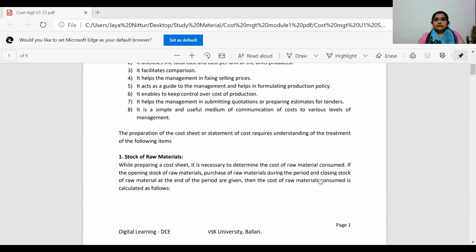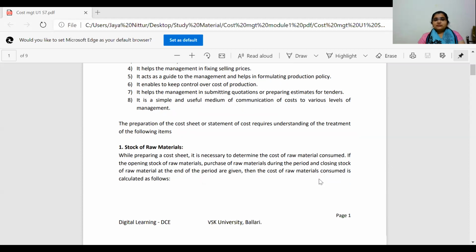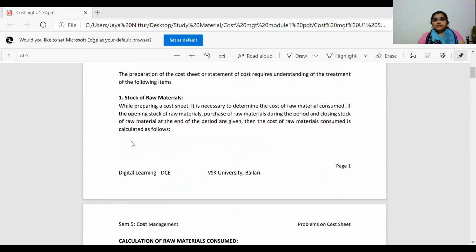While preparing the cost sheet or a statement of cost, we need to understand the treatment of some of the following items. The first one is stock of raw material.